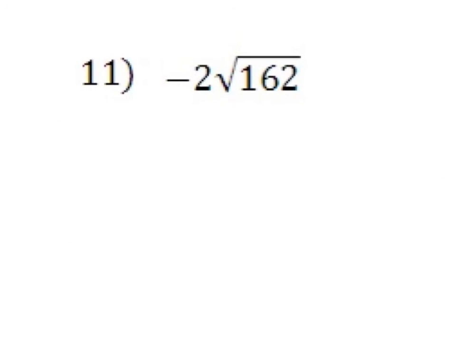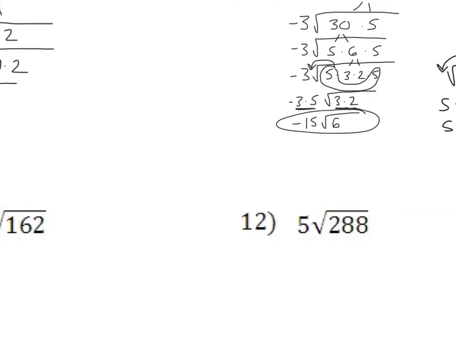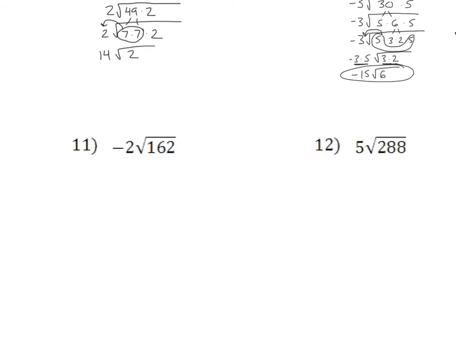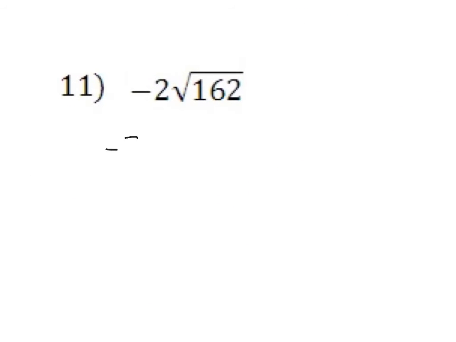Okay, number 11. What was 10? Negative 15 root 6. So you have a negative 2 on the outside, and what can we break 162 into? 81 times 2. If the number is an even number, right off the bat, you know that 2 is going to go into it.